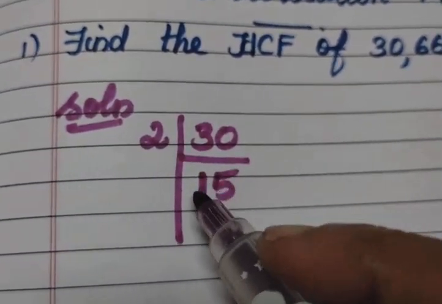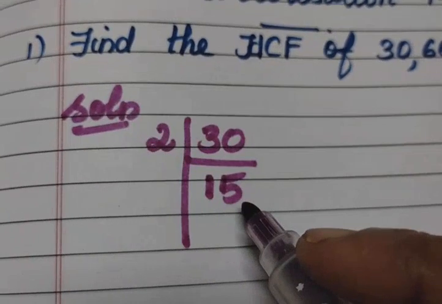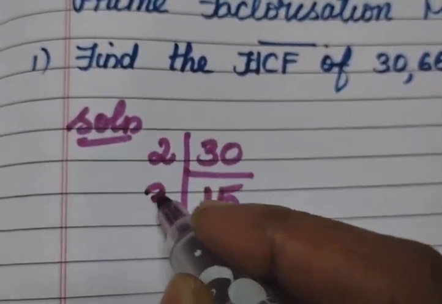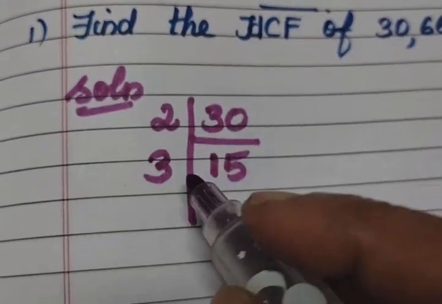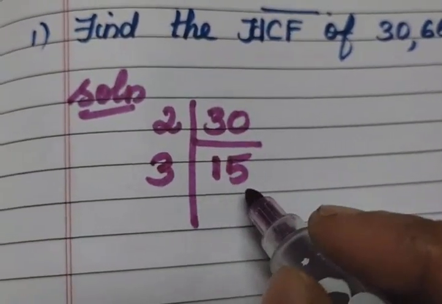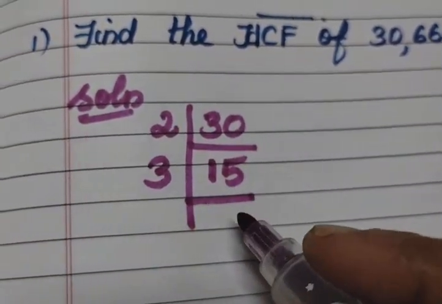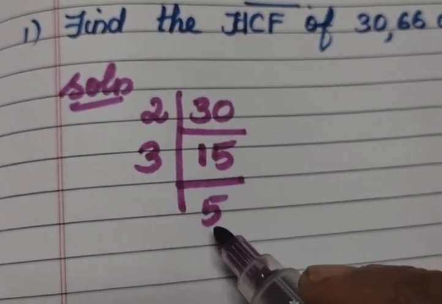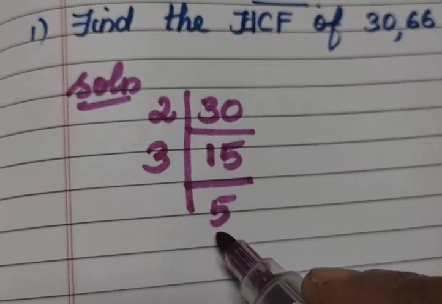Then 15 is an odd number, so we cannot use 2 here. The next odd prime number is 3. How many 3s are there in 15? 5 3s are 15. Now 5 is a prime number, so we can stop here.